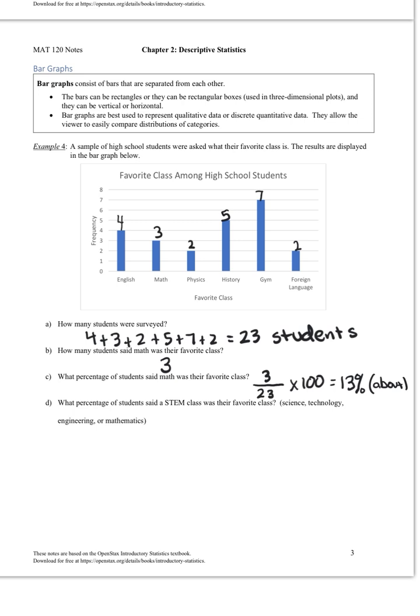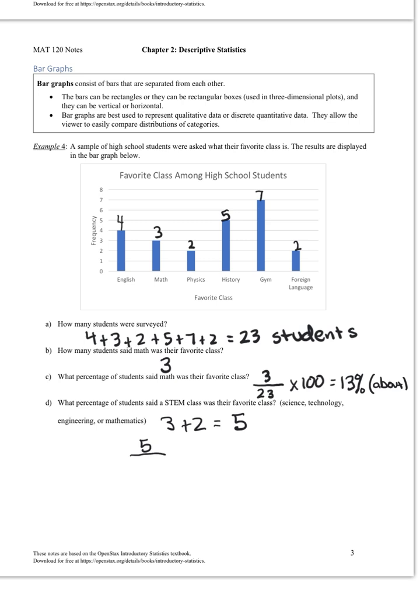The next question is similar. What percentage of students said a STEM class was their favorite class? That means science, technology, engineering, or mathematics. All right, so let's take a look at our STEM classes. We have math, that's 3. We have physics, and that's 2. So that means 5 students replied that STEM was their favorite, but the question doesn't ask for how many, the question asks for what percentage.